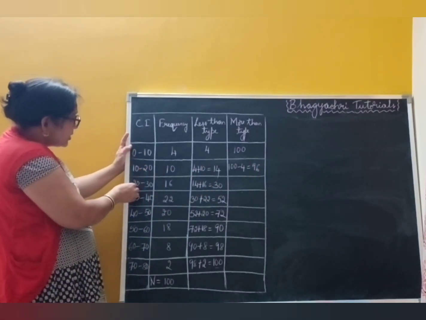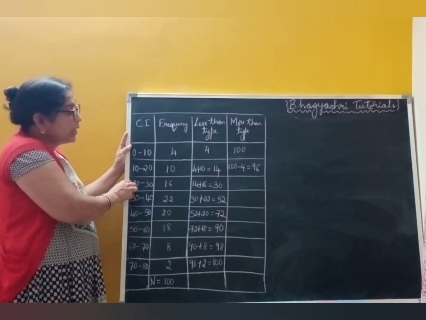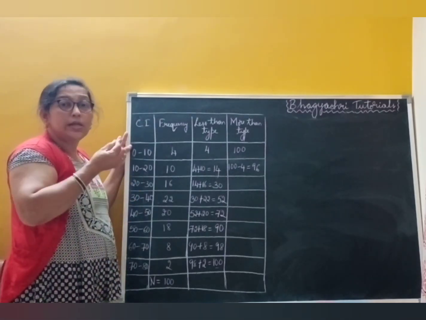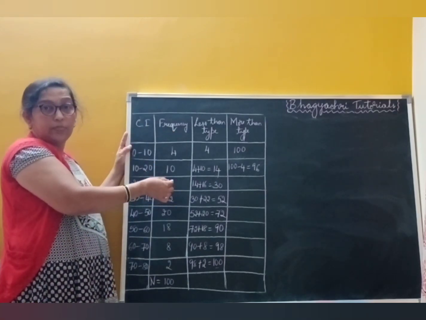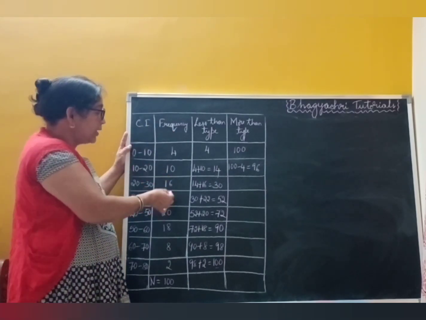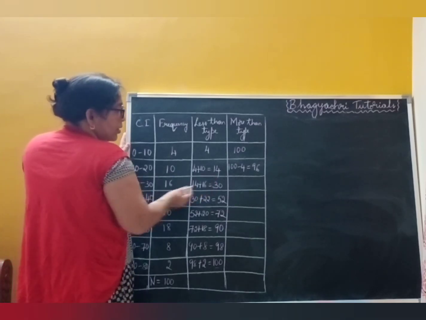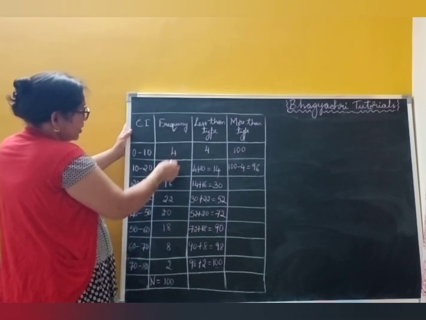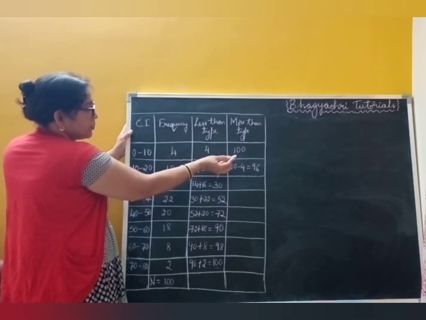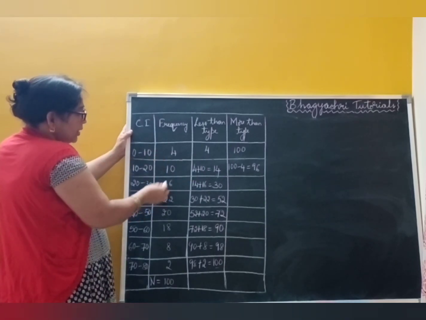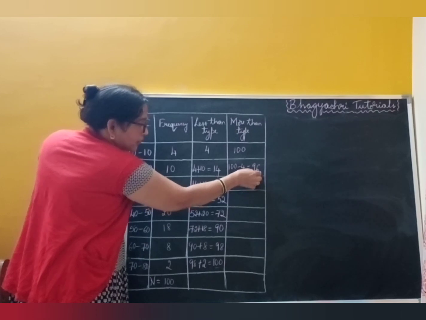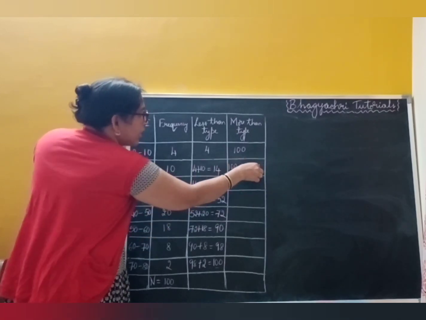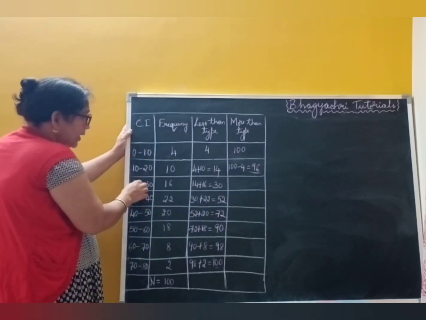Now, let us come to the next class limit, lower limit 20. How many students have got marks more than 20? Here 4 of them have got less than 10. Out of this 96, how many of them have got more than 20?